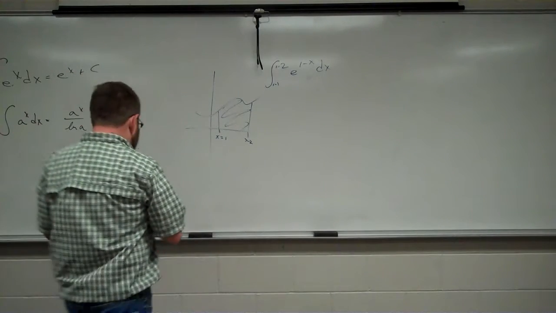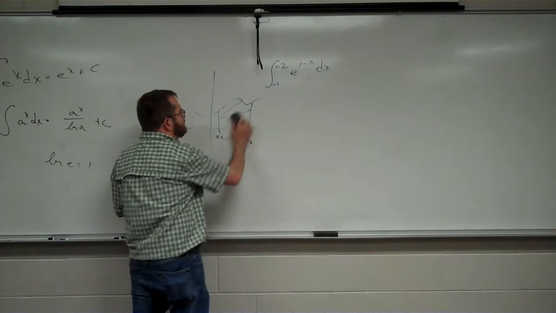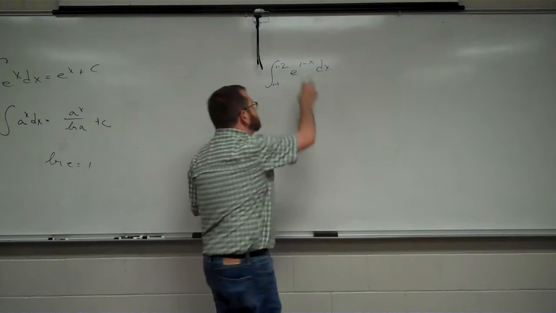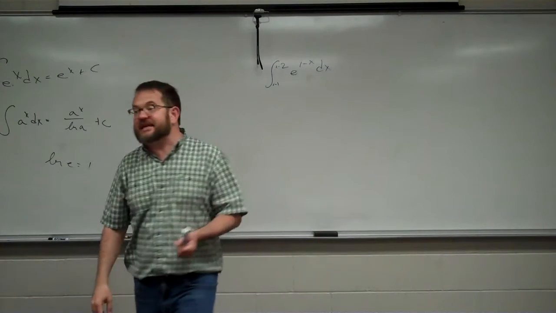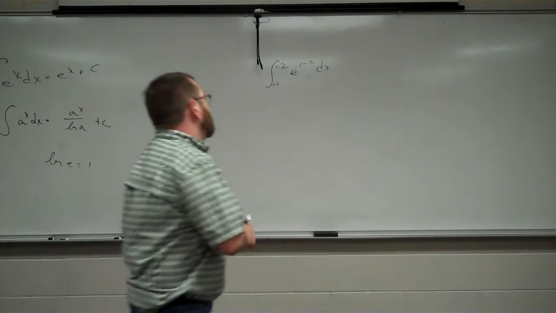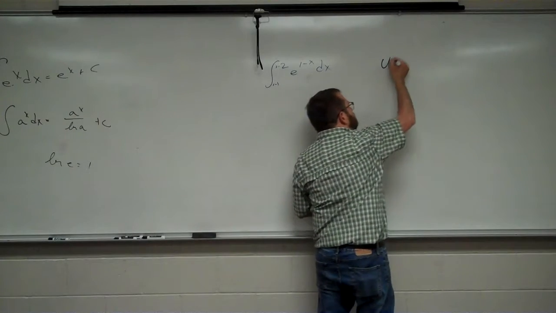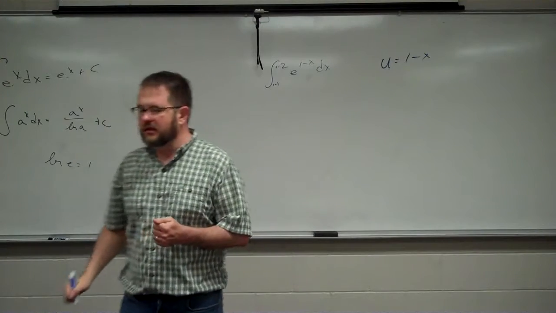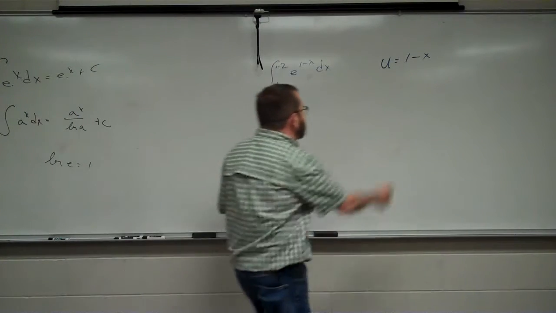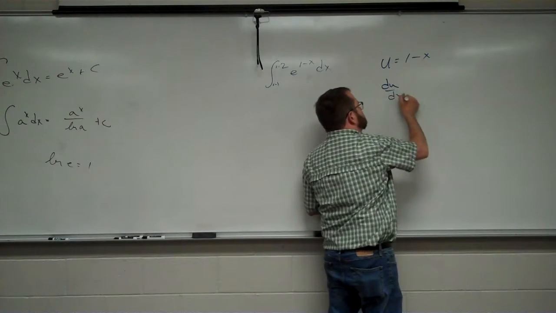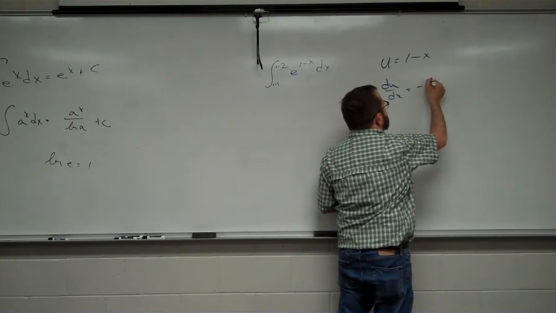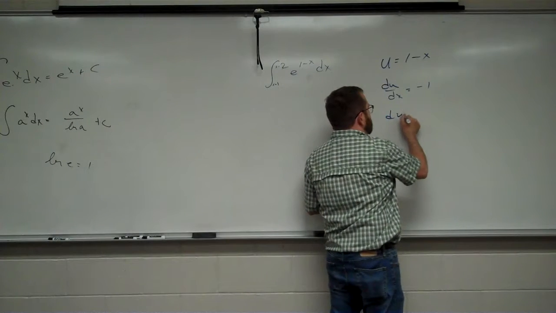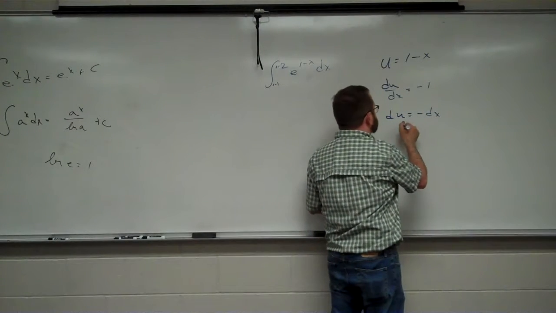Now, this is going to be a method of substitution problem. We want to get this thing into a form that looks easier. If this was e to the u, that would be about as easy as it's going to get. So in this case, u equals 1 minus x would be darn helpful. The derivative of u with respect to x would just be negative 1, or du equals negative dx.